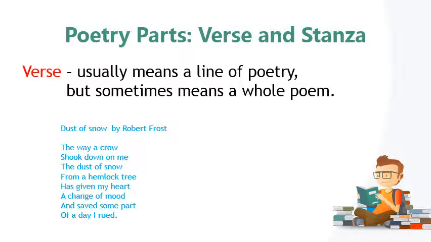So, for instance, this poem, Dust of Snow by Robert Frost. This is only one verse. Can you see that it is underneath each other? There are no spaces in between the lines or in between the sentences. Okay, so it is only called one verse. So let's see how it sounds. The way a crow shook down on me the dust of snow from a hemlock tree has given my heart a change of mood and saved some part of a day I rued.